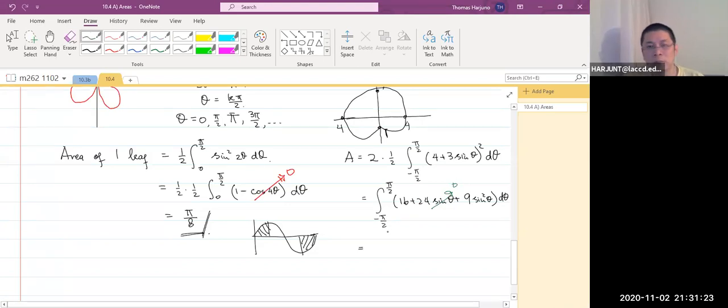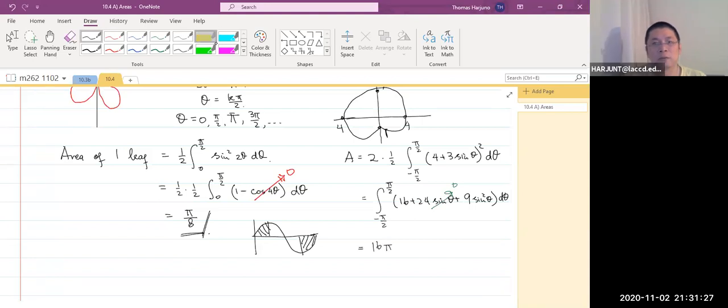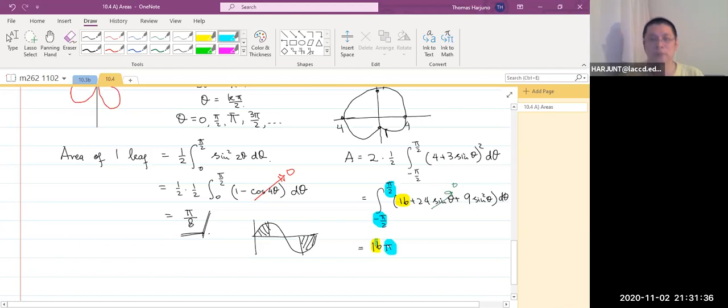The first term will give 16 pi. Right? And then plus 9 times the integral from negative pi over 2 to pi over 2 of sine squared, that's 1 minus cosine 2 theta over 2 d theta.